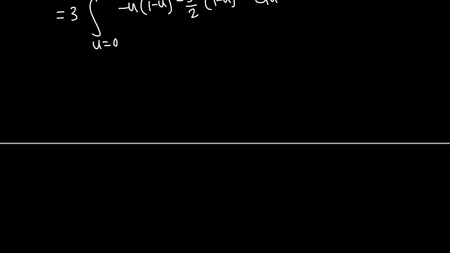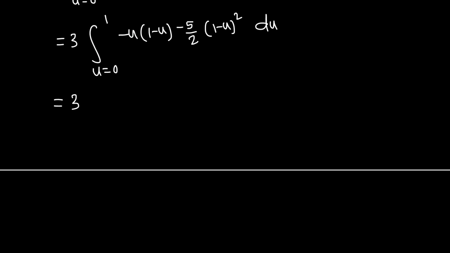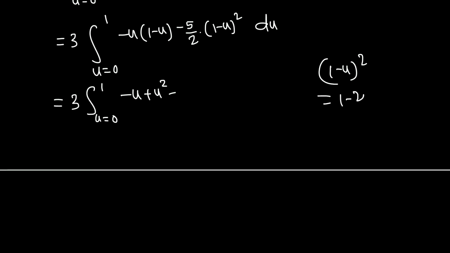Let's simplify this. 3 times the integral from 0 through 1 of: distribute the negative u, giving negative u plus u squared, minus 5 halves times (1 minus u) squared, and we need to distribute the negative 5 halves. If we multiply 1 minus 2u plus u squared by negative 5 halves, we get negative 5 halves plus 5u minus 5 halves u squared, du.